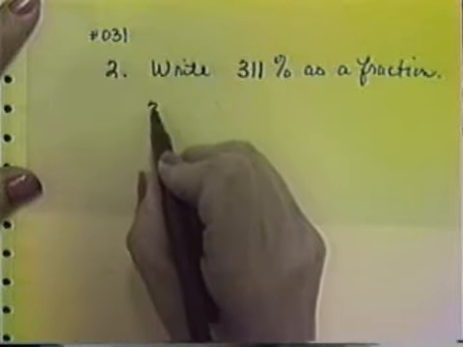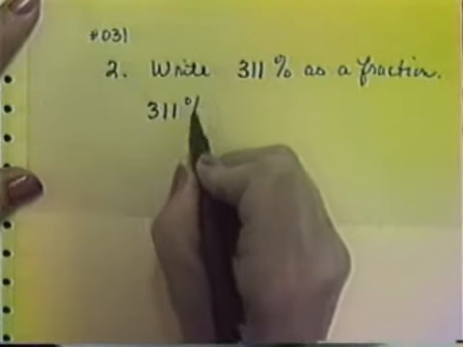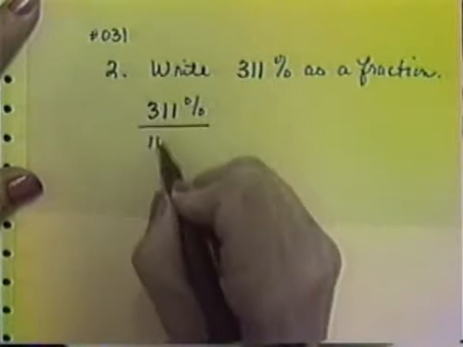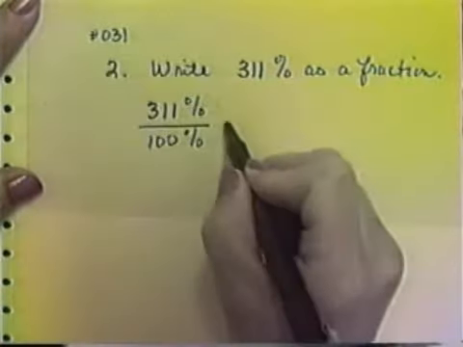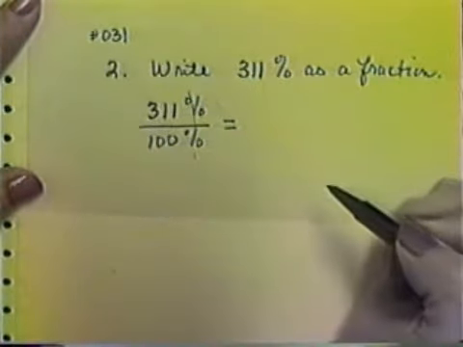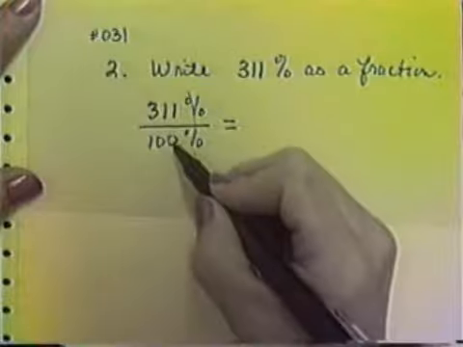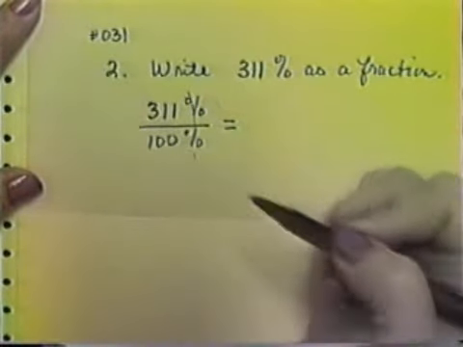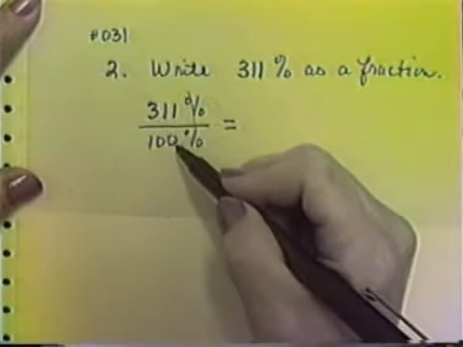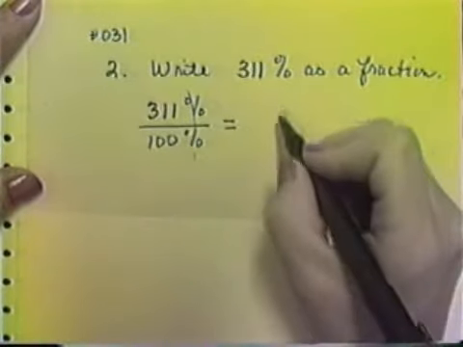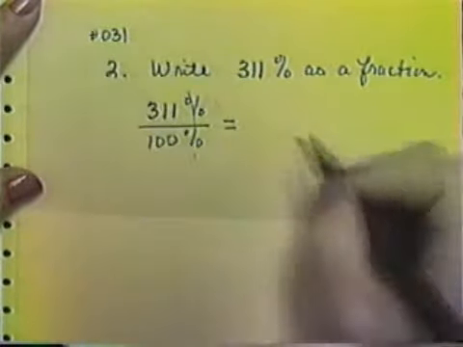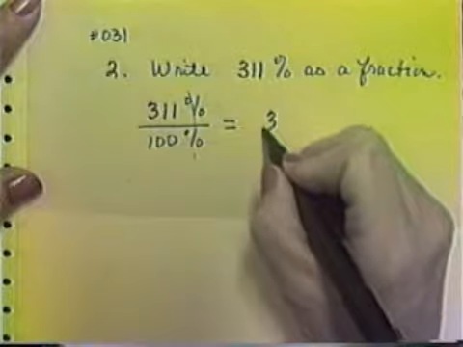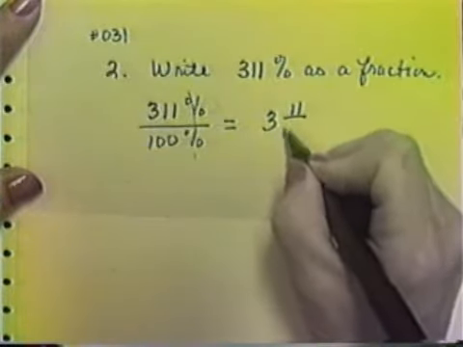Our second example is we want to take 311% and write it as a fraction. So we're going to take 311% and divide by 100%. The percents cancel, and then this will not reduce. Nothing will divide both 311 and 100, but we can change that to a mixed number: 100 divides 311 3 times with 11 left over.